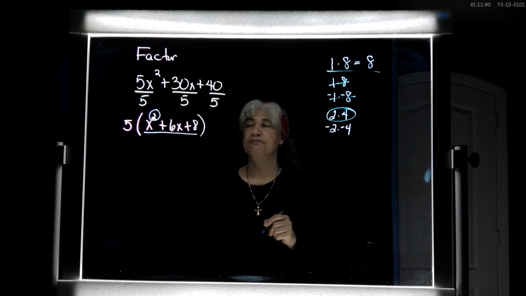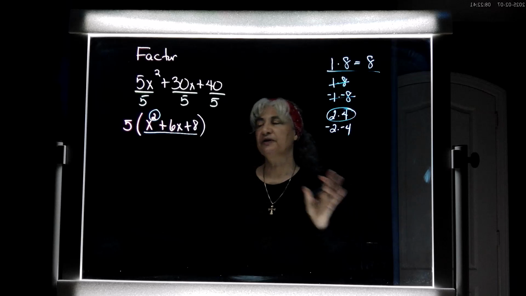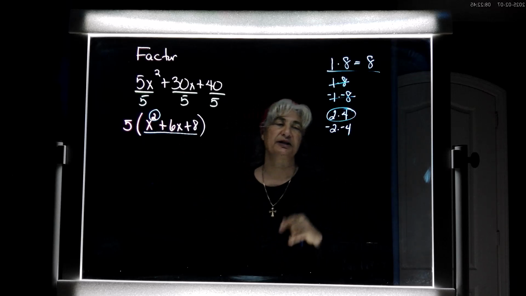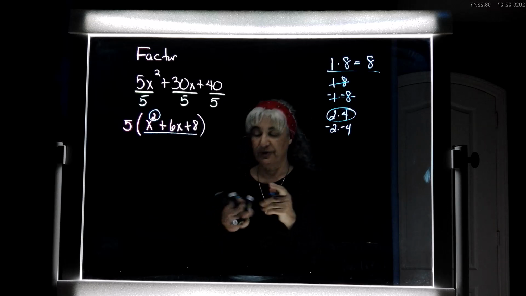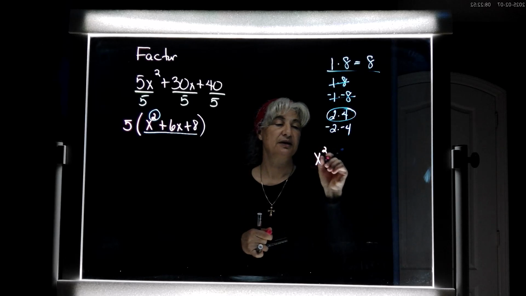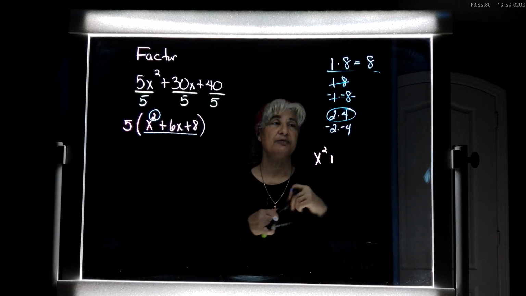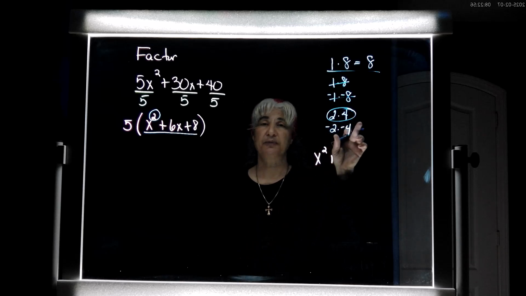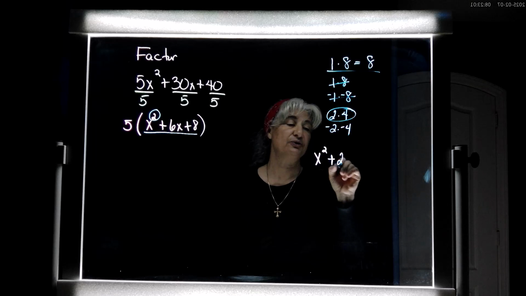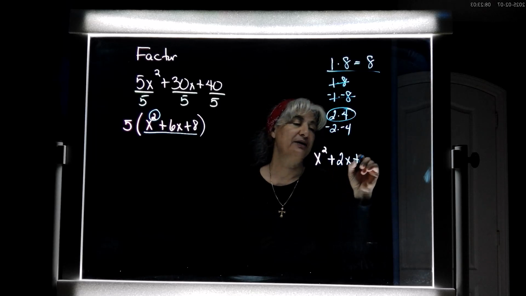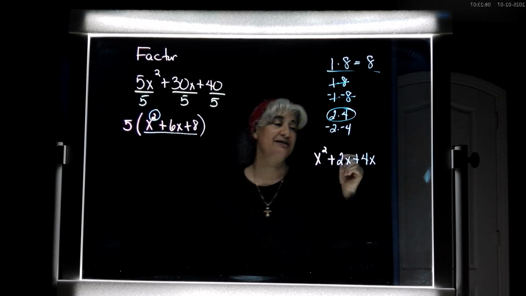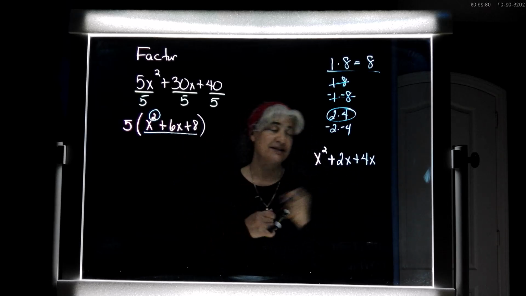Okay, so I'm doing my work over here because the 5 is kind of bugging me and I don't want the 5 in my line of vision right now. So we're going to rewrite the problem. We have x squared, and now you're telling me that a positive 2 and a positive 4 adds to 6. So it has to be a positive 2x and a positive 4x because it needs to add to 6x. And then we have the plus 8.